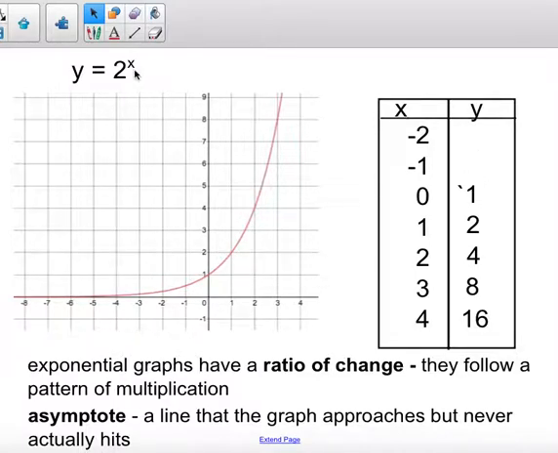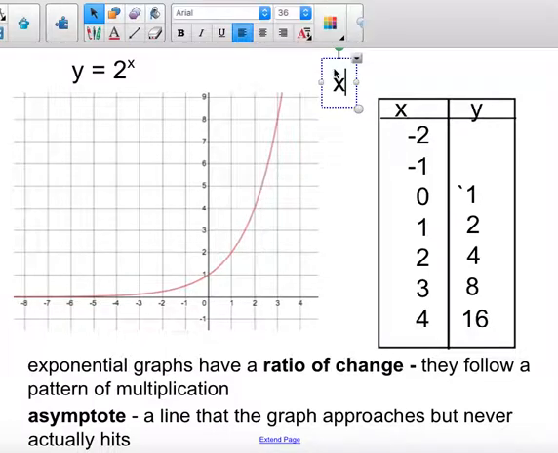Once we start plugging in negative values for an exponent, we get into fractional values because a number to a negative exponent is equal to 1 over the number to that positive exponent.